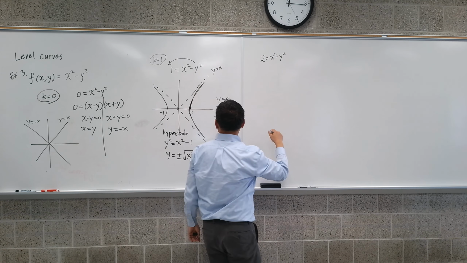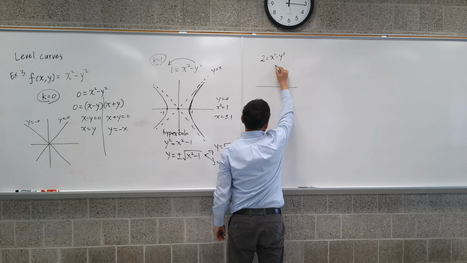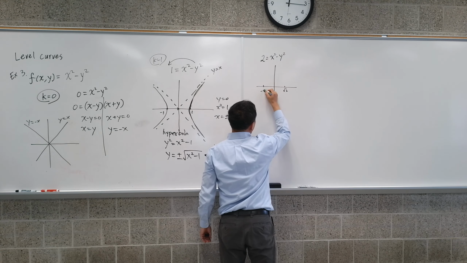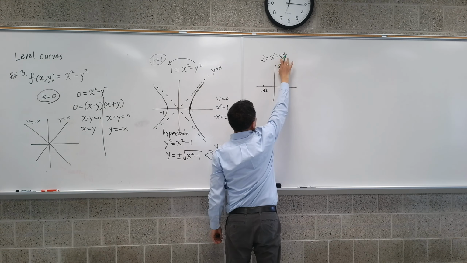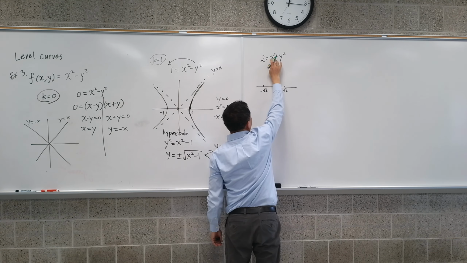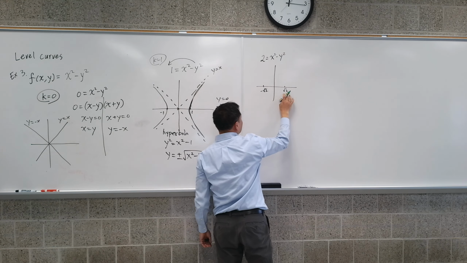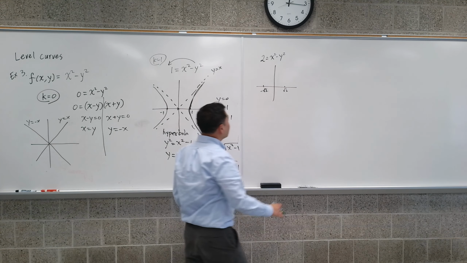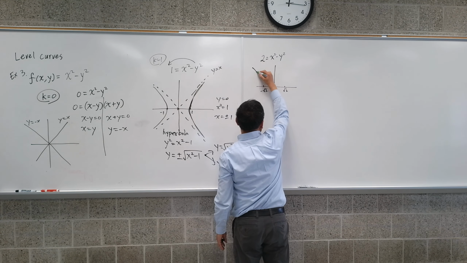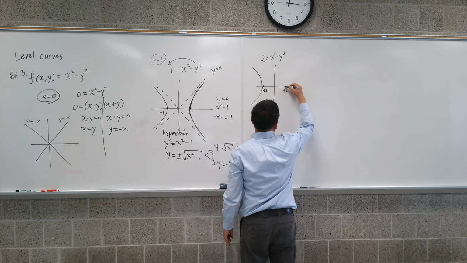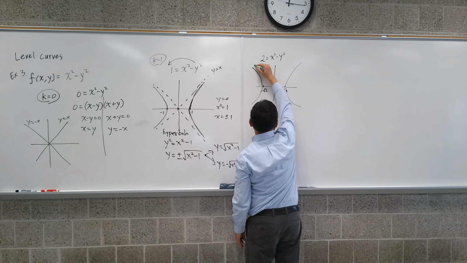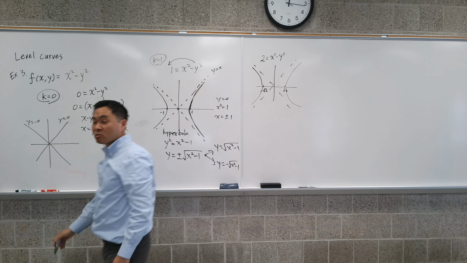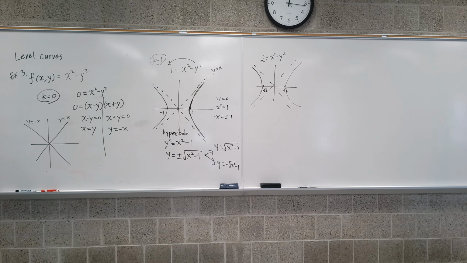So you get another hyperbola, but this time, if you plug in 0 for y, you get the solution of 2 equals x squared, which has square root of 2 and negative square root of 2 as the two solutions, right? So you get another one like this. Still, the asymptotes are y equals x and y equals negative x.